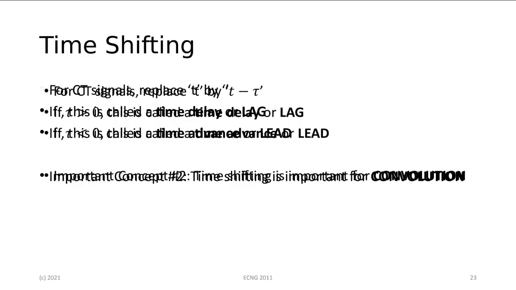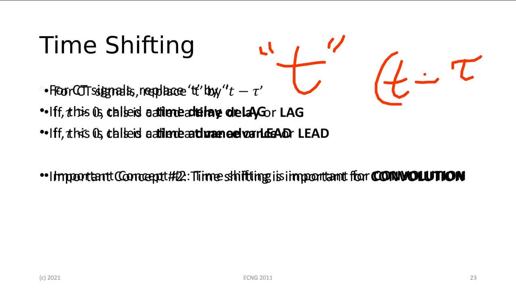So what we want to do now is to shift. Time shifting means moving the signal up and down the time axis as the case may be. So you're going to take t and replace t by some new value, t minus some other value.